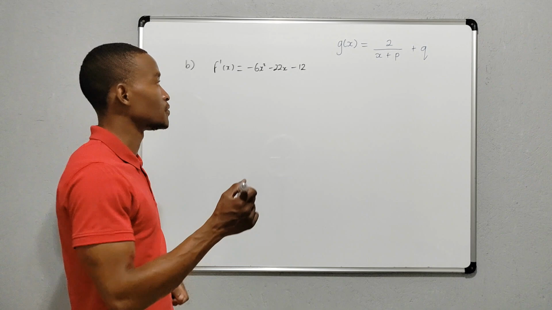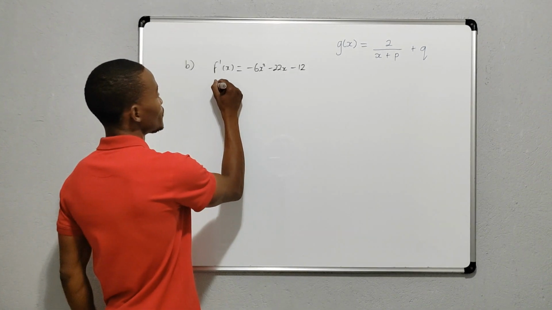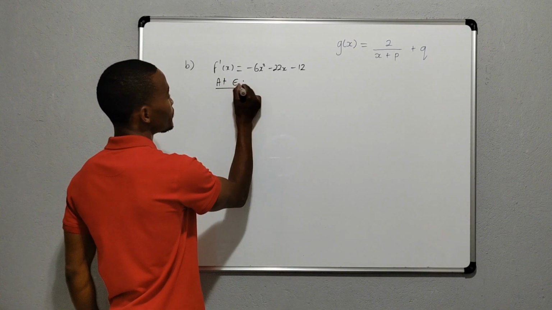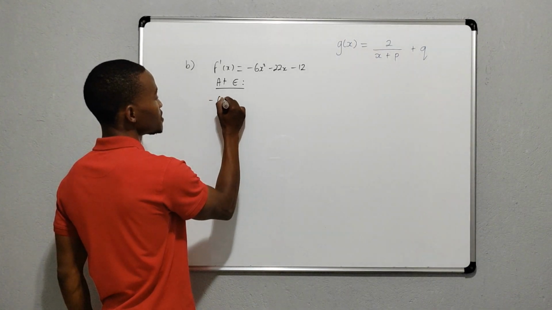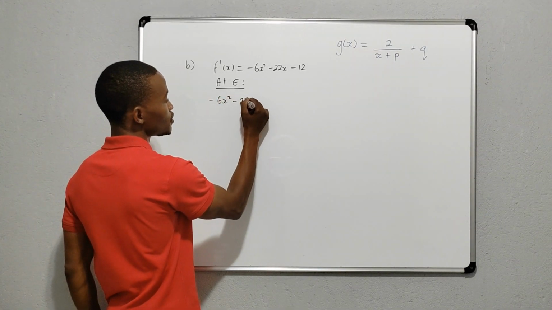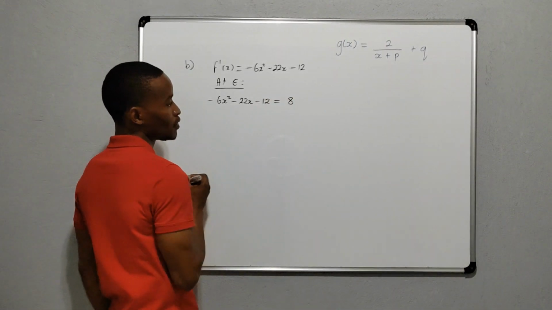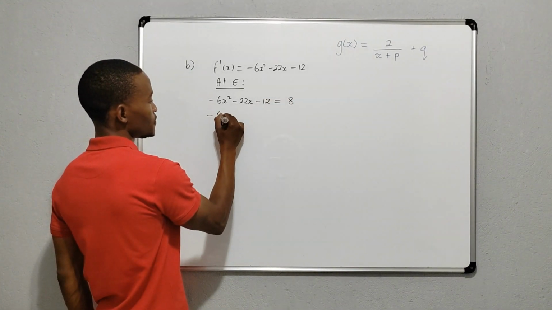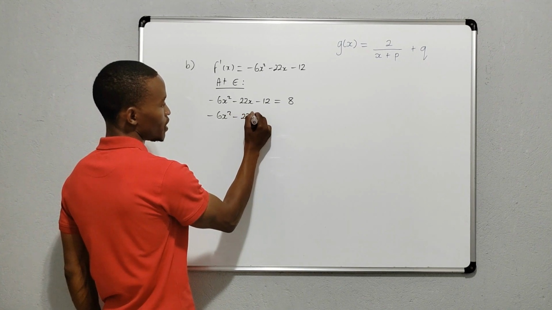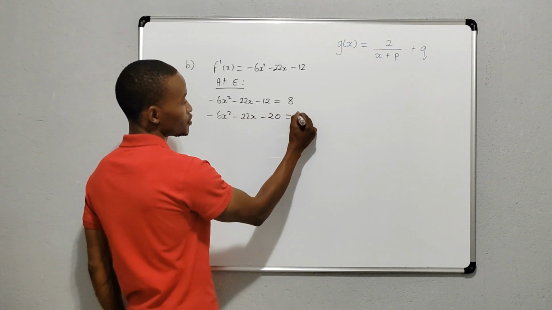So we're going to take this one, equate it to 8, solve for x, and get the corresponding y value. Therefore at E, we have negative 6x squared minus 22x minus 12 equal to 8. Negative 6x squared minus 22x minus 20 equal to 0.